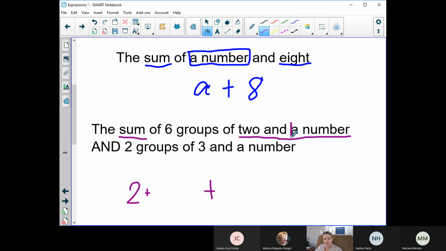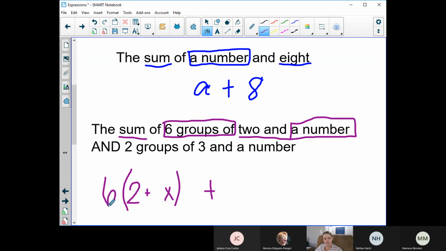And a number, we don't know what this is, so we need to use a variable for it, just like we did up here. So I'm going to use x. Now I'm going to come back to this part right here. 6 groups of tells me I am taking this 2 plus x and I am multiplying it by 6.